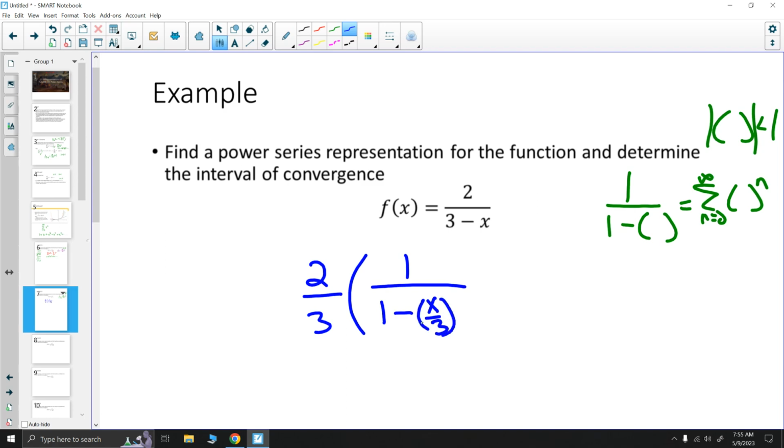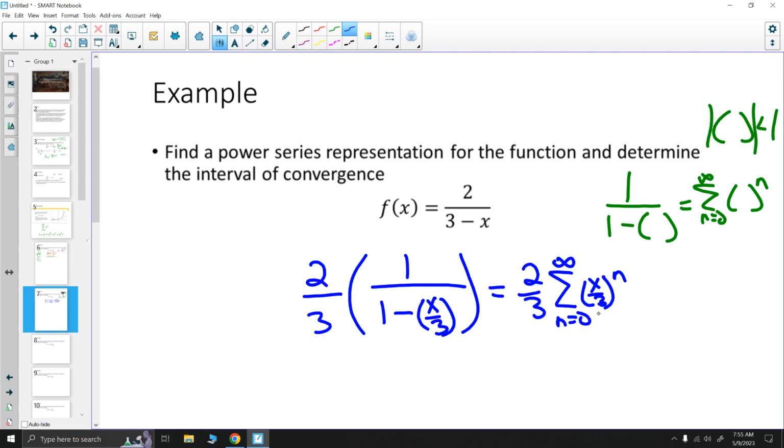So this is our ratio, essentially our r, or in our formula, our x, but whatever. So this is going to be equal to 2/3 times the sum n equals 0 to infinity of x over 3 to the n.